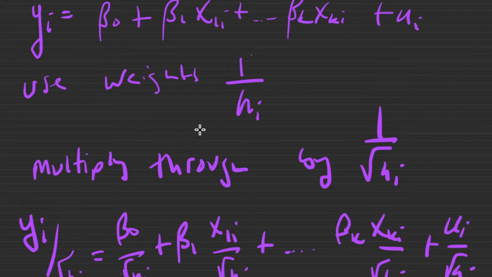Now, if we have the correct functional form for the conditional variance, then this term demonstrates heteroscedasticity and this term demonstrates homoscedasticity.